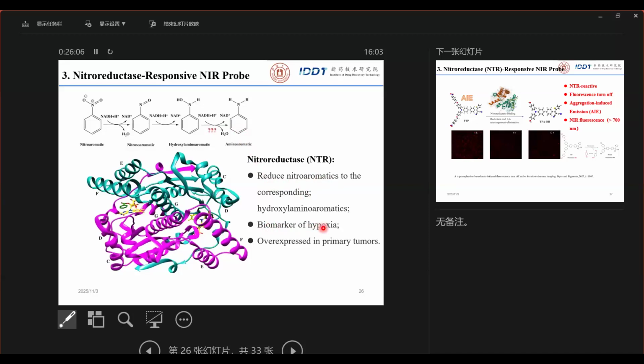So what is hypoxia? It means less oxygen. Usually tumors grow very, very fast. They proliferate in a very short time, many times faster than normal cells. So in this case, the oxygen is not enough, and we call this hypoxia.